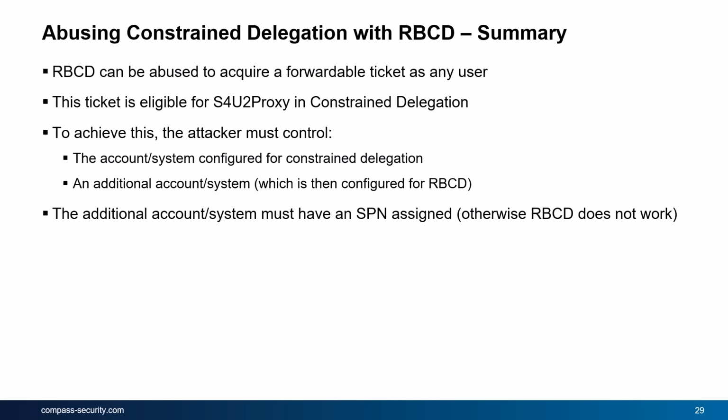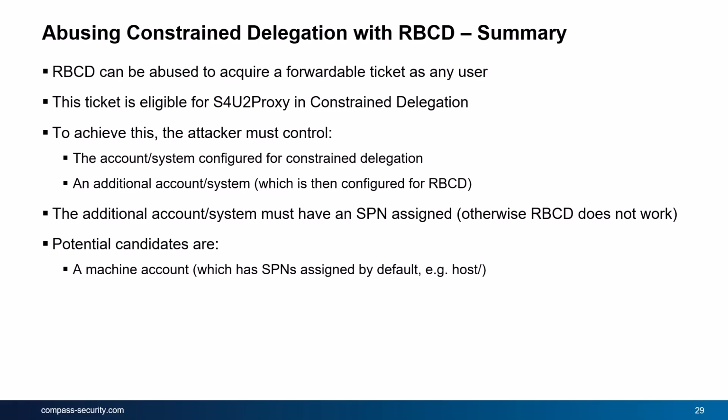Now, with that said, there are different options where we could acquire such accounts or potential candidates that we can use. The easiest, I would say, is simply a machine account. We've seen that in both demos, either a pre-existing one or one we add ourselves. And the reason for that is that all machine accounts in an Active Directory have SPNs assigned by default, so implicit SPNs like the host SPN, for example.